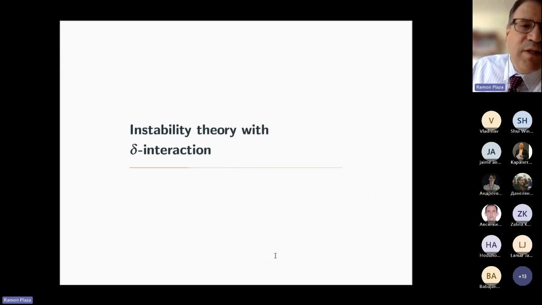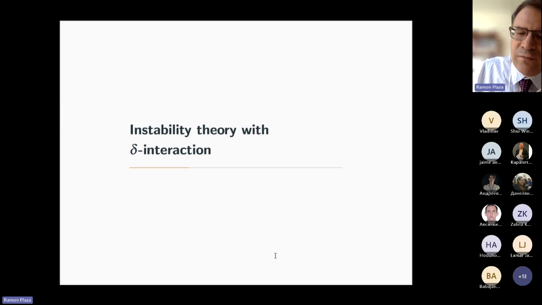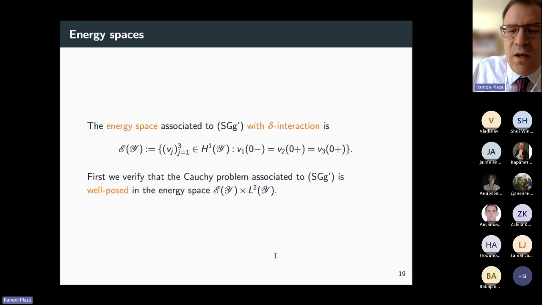Okay, so let's start with the instability theory, first with delta interaction. I will focus mainly on the delta interaction, and I will gloss over many of the details in the case of delta prime interaction, just to give you an idea of the key ingredients to prove that these profiles, the ones that we wrote down, are unstable.